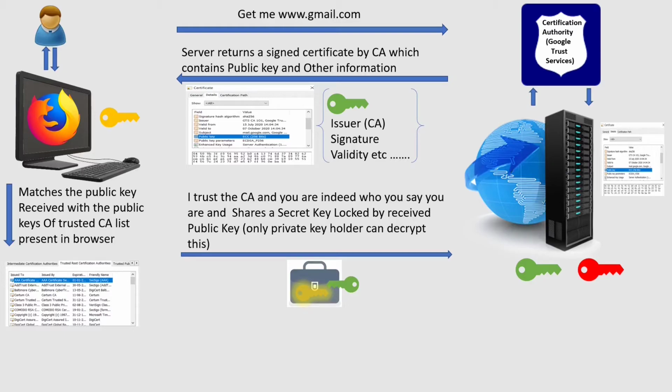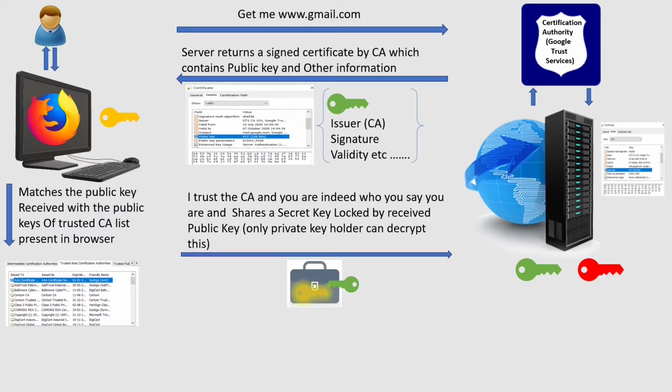But here one tricky part is that the public key can only be used to lock it. If you have to unlock it, then you have to use the private key. So remember, this is a very important point. Now our shared key is encrypted using the public key. The one who has the private key can only unlock it and get the shared key.